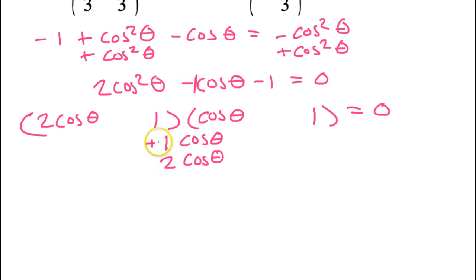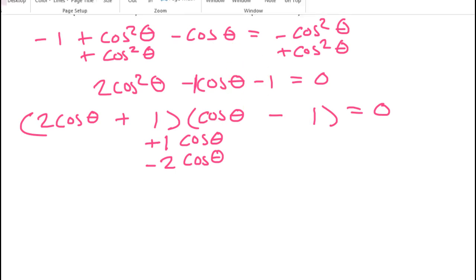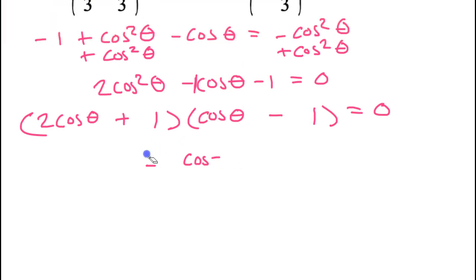That will happen if I have a positive 1 and a negative 2. So that means this first one needs to be positive and the second one needs to be negative. That works out because positive 1 times negative 1 is negative 1. So that's great. So now I'm going to set each one of these factors equal to 0. So I have 2 cosine theta plus 1 equals 0.